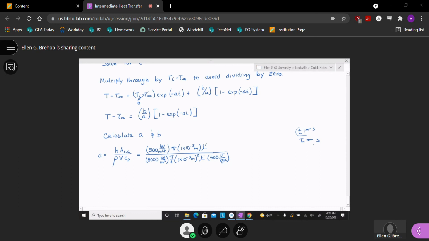This A is really the flip of the time constant, so I would expect we get units of 1 over seconds. I shouldn't go through all this detail, but I like that you think it through. I can already see I got this unit of watt, and it's a joule per second. All of my other units should cancel out, and I end up with 0.5, and it's 1 over seconds.